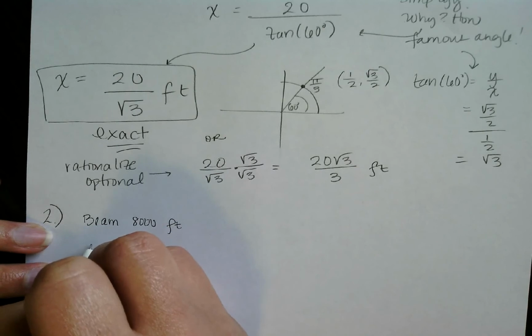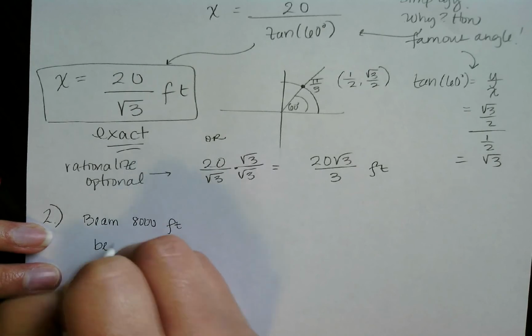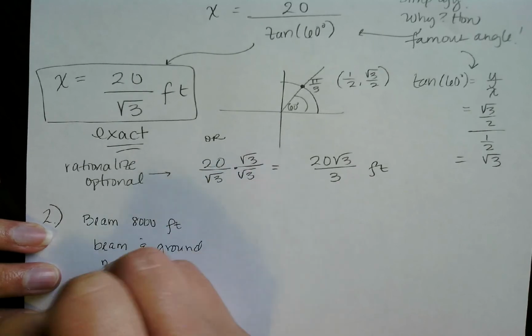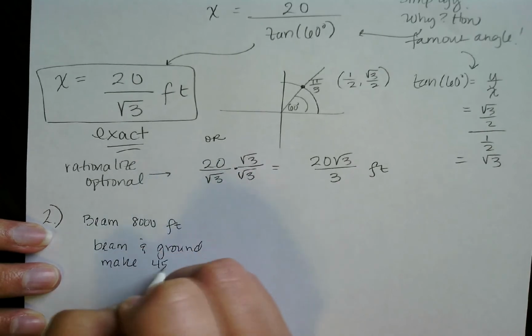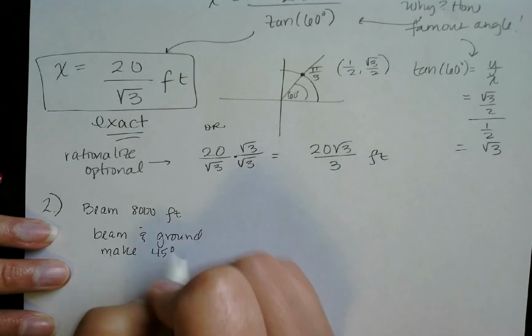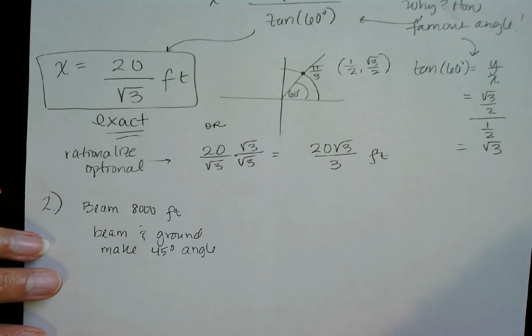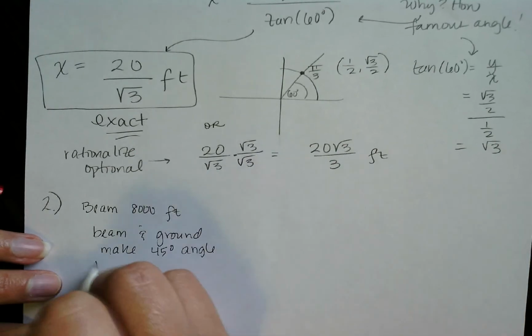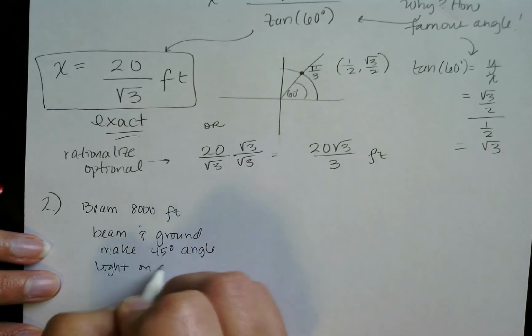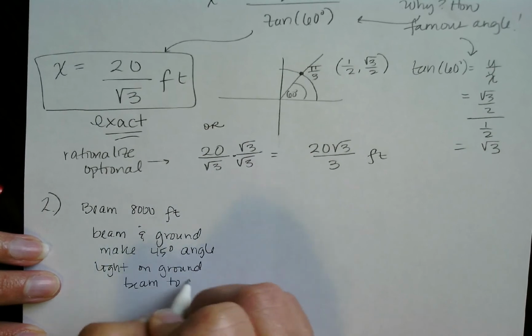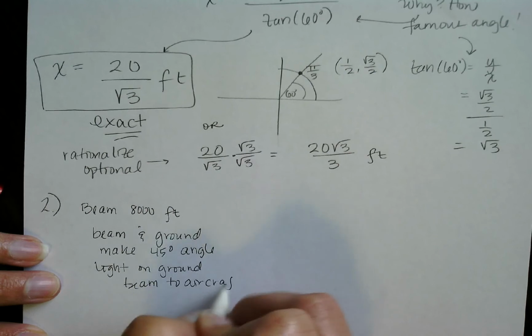And angle from the beam and ground make 45-degree angle. Alright. Light on ground. Beam to aircraft. I'm just writing down the information.